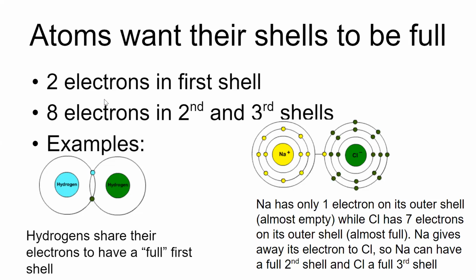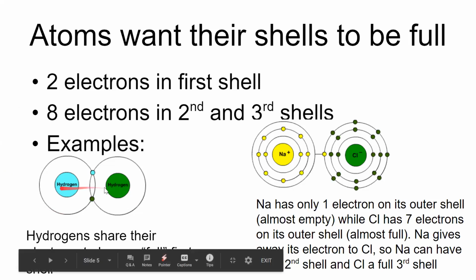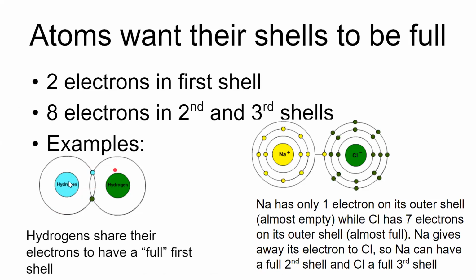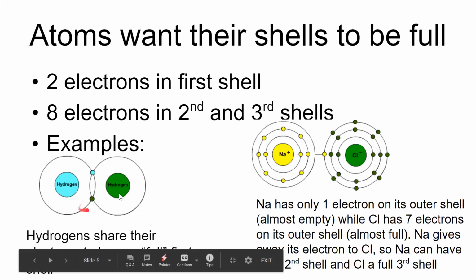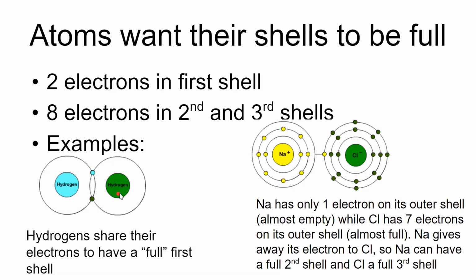Instead, 2 hydrogens pair up and share their electrons with each other. Because each hydrogen shares its 1 electron, both hydrogens feel and act like they have 2 electrons in their outer shell, one that is theirs and one that they're borrowing.